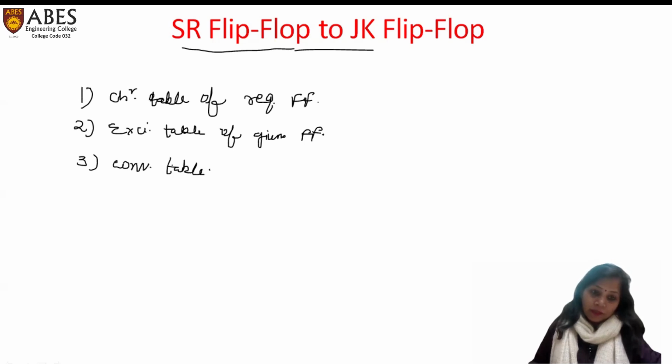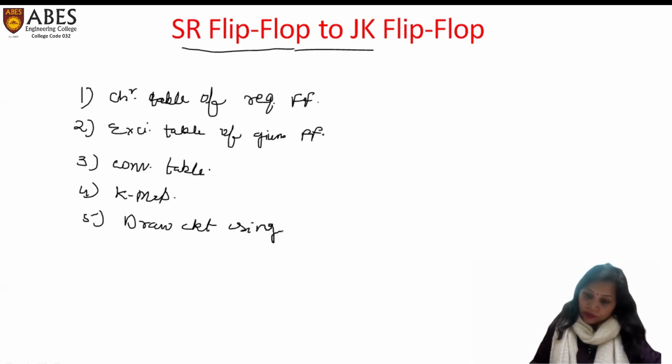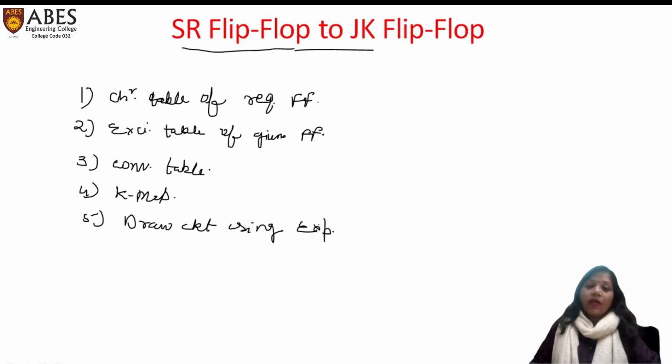Then simplify the logic operation using K-map. And finally, draw the circuit using the expression. So these are the steps that we will use to convert one flip-flop to another. Here we are converting SR flip-flop to JK flip-flop.